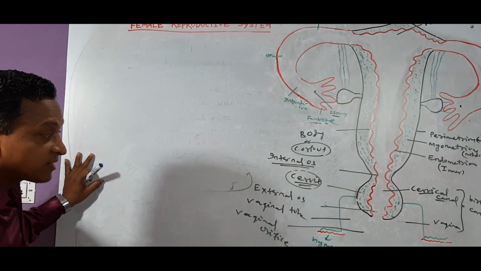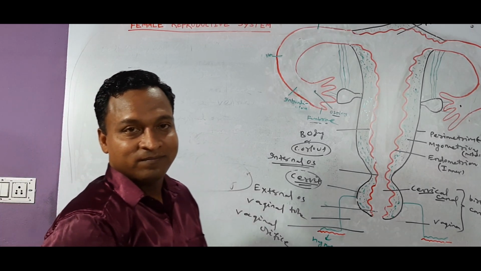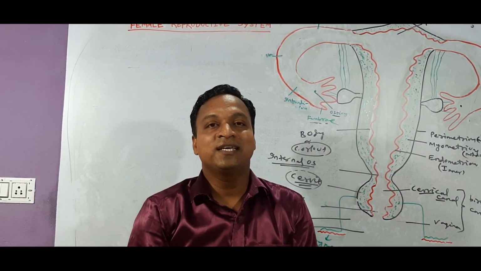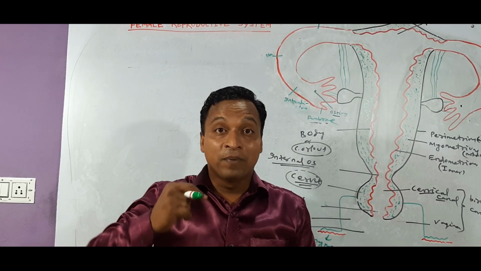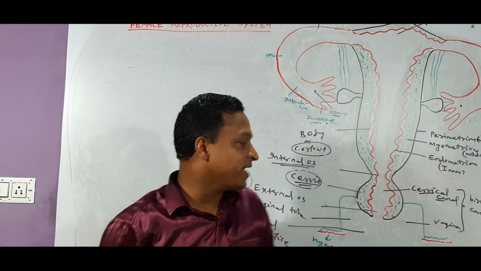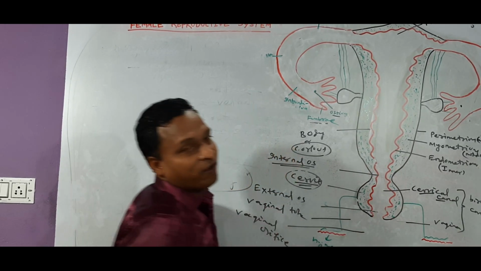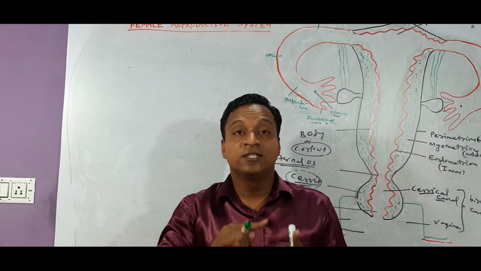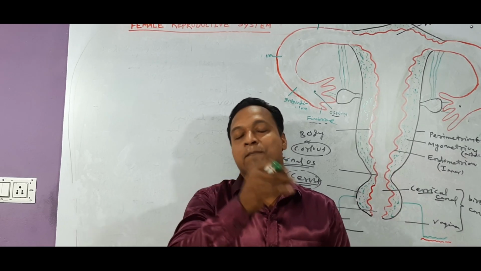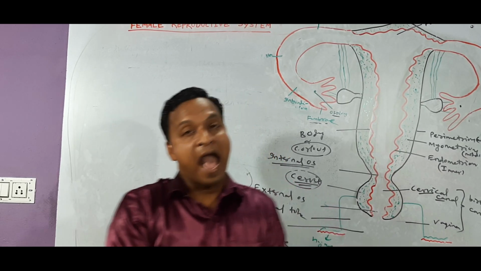This hymen is a very thin membrane which partially covers the vaginal orifice. The vaginal orifice is partially covered by a thin membrane, that is called hymen.